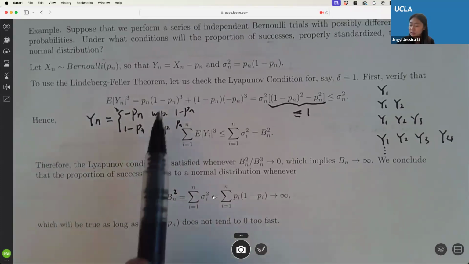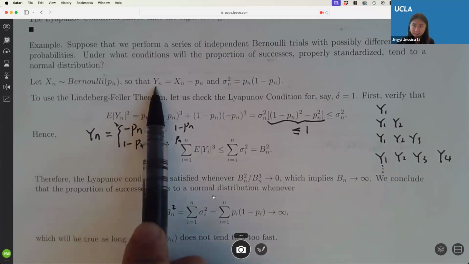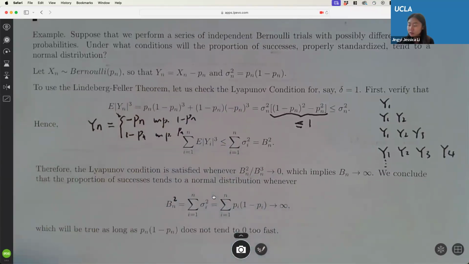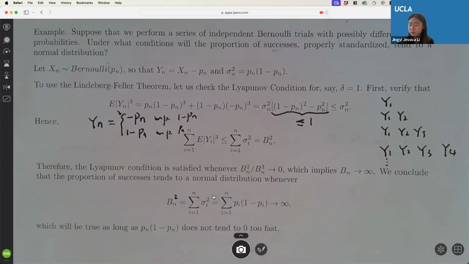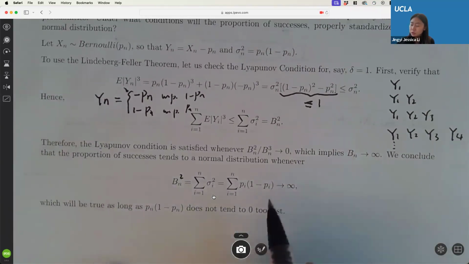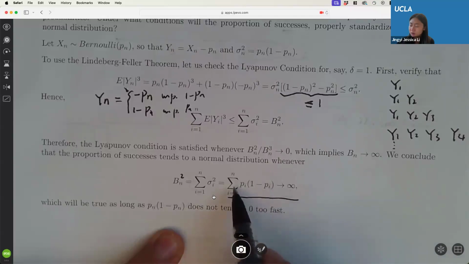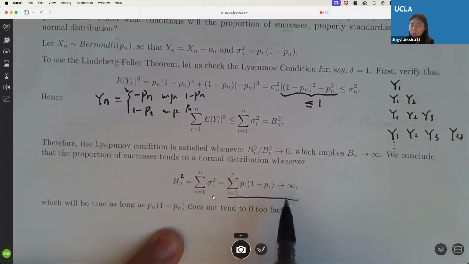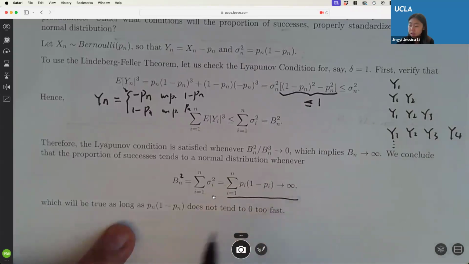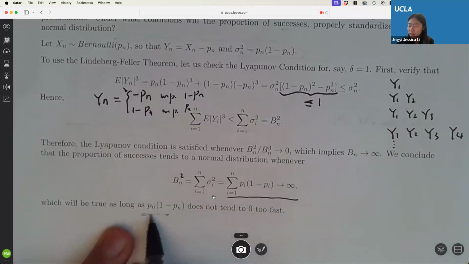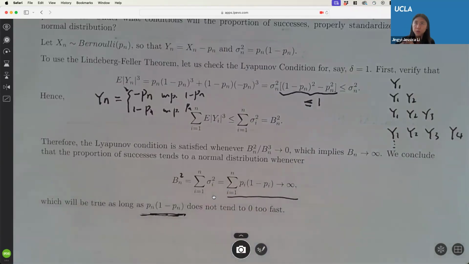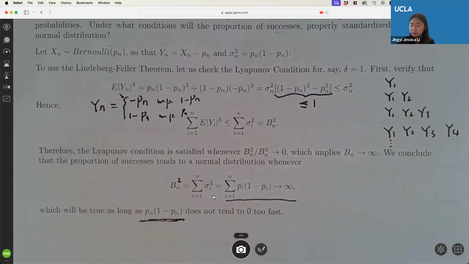Essentially, we still can say that the partial sum, y1 to Yn, after standardization converges to a normal distribution. And to satisfy this sum as i goes from 1 to n diverging, going to infinity, we have to say that Pn times 1 minus Pn does not tend to 0 too fast. Otherwise, you wouldn't have a divergent sum.